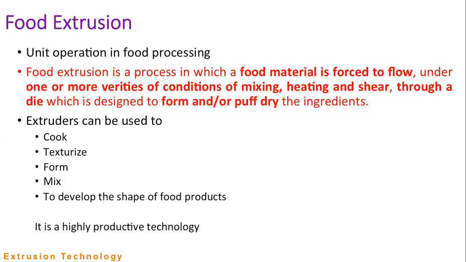As an example, mixing, heating, shearing, and there may be some gelatinization and melting like things also happening, and there should be a die. So as a result of the pressure difference, the dough mixture will move through the die, and the end product will be a dried one.